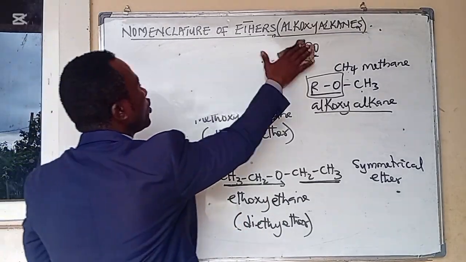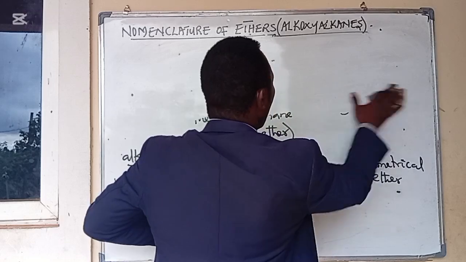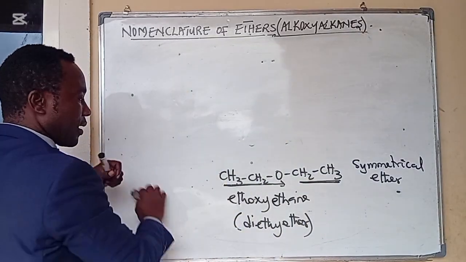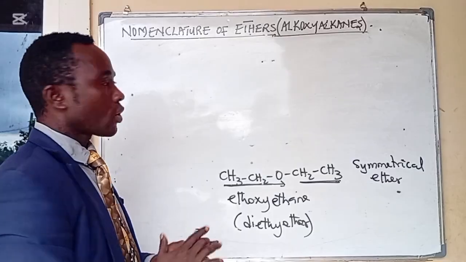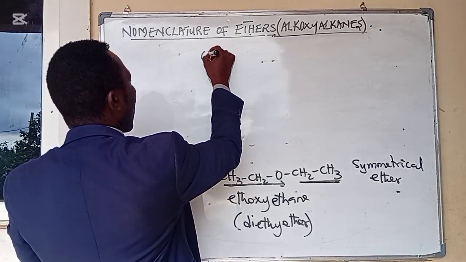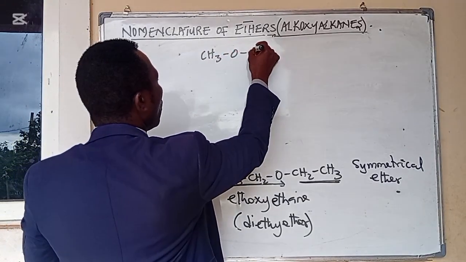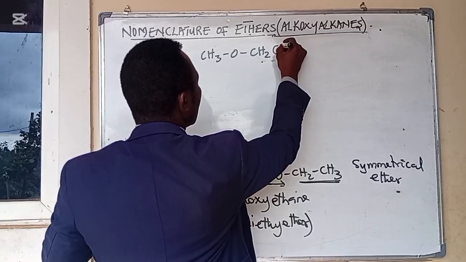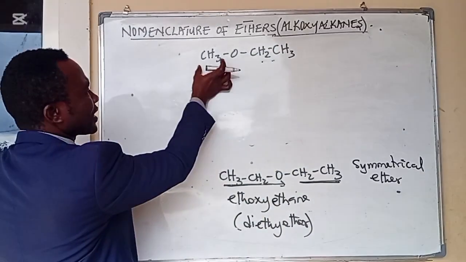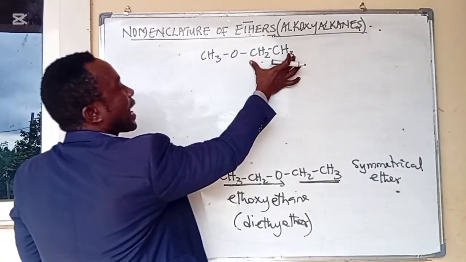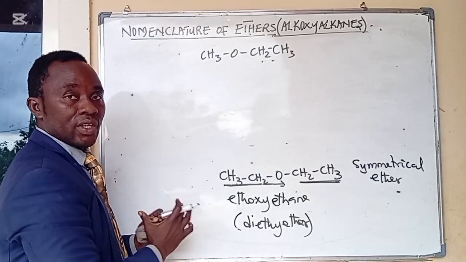Now, if we want to continue our nomenclature, we might be meeting a case whereby the 2 alkyl groups are not the same. Let me say, for example, we have CH3, then O, CH2, CH3. If you look at this compound, the alkyl group here and the alkyl group here are not the same.